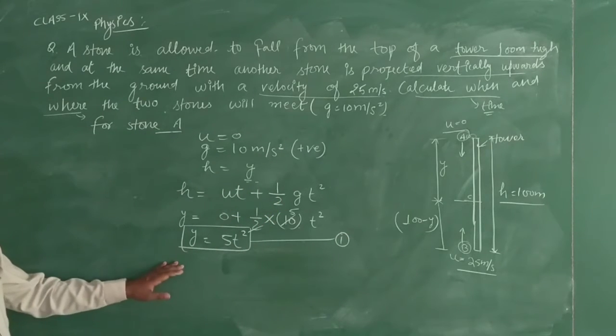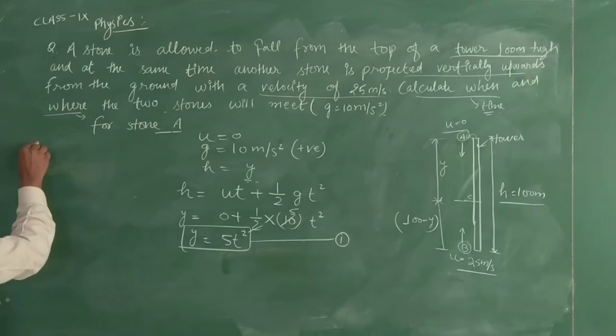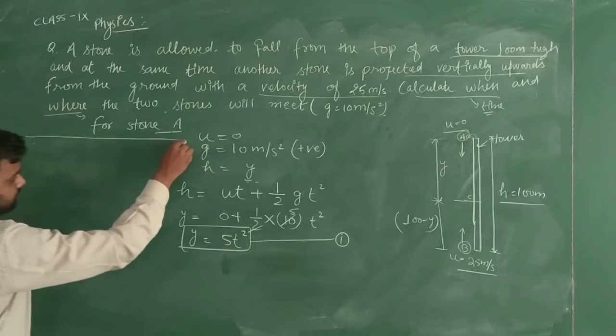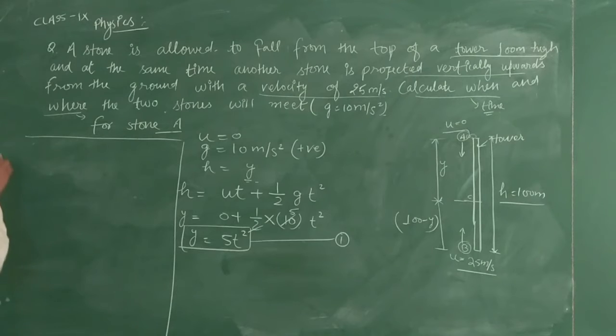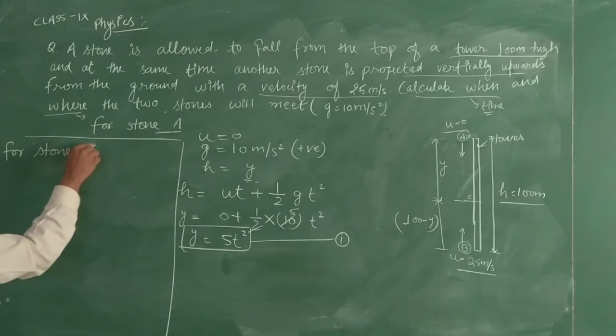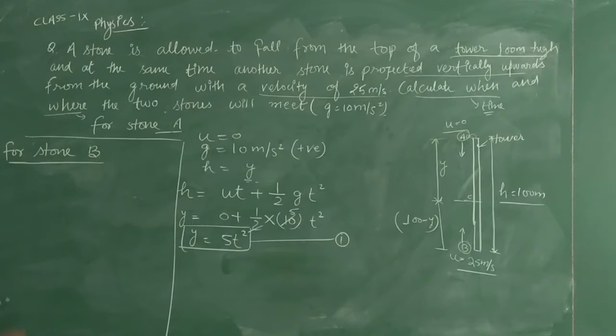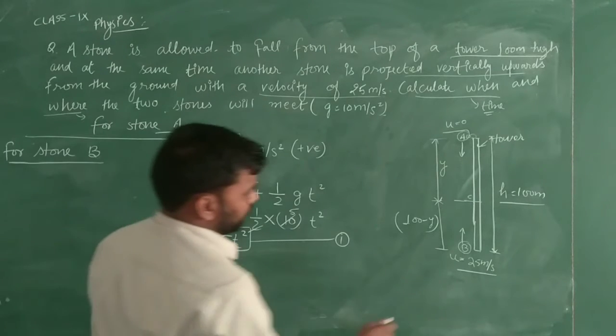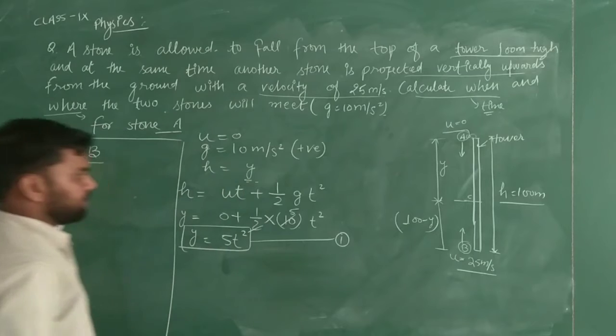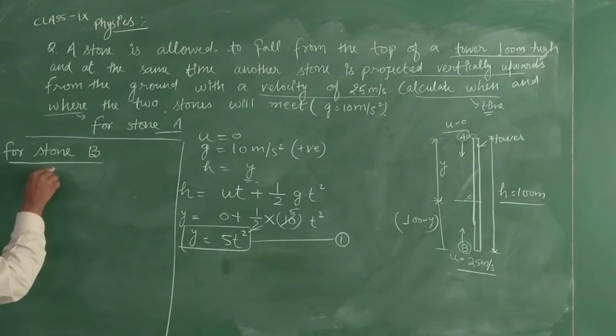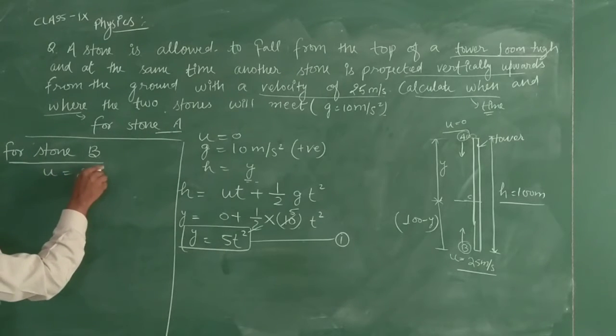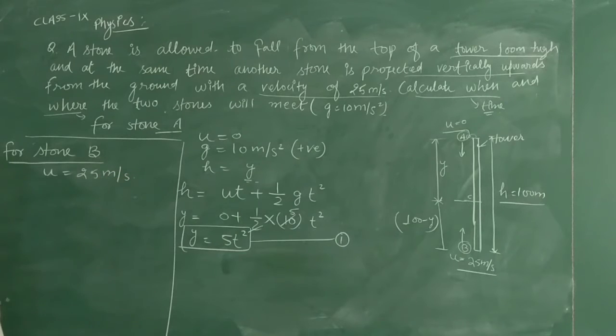Now we will solve this also for stone B. What are the values given for object B? Here, we can clearly see that initial velocity u is given, that is 25 meter per second.